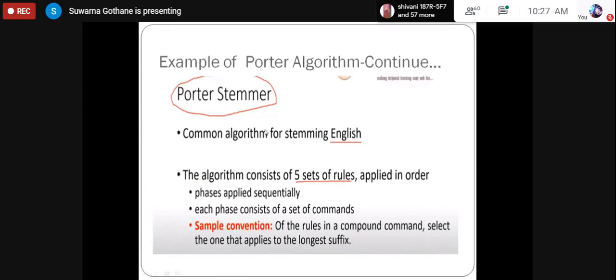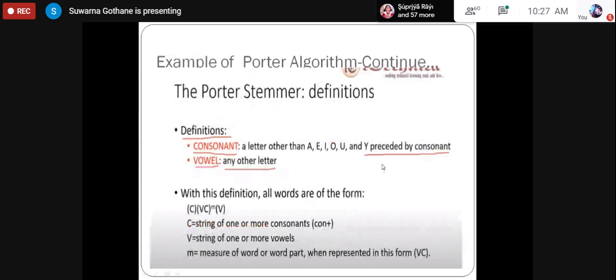As we discussed just now, we have a slide with steps 1 to 5. Those are called the 5 sets of rules, which get applied to a particular word. The Porter stemmer algorithm is based on the concept of consonants and vowels.